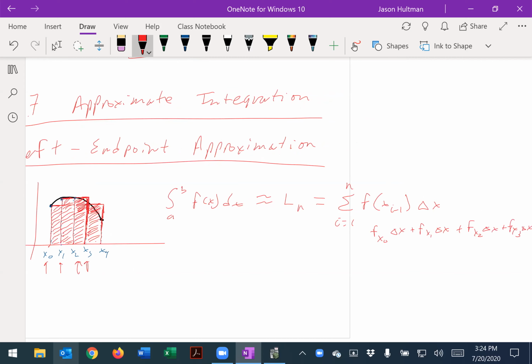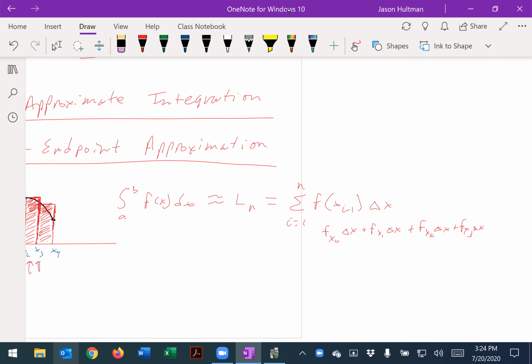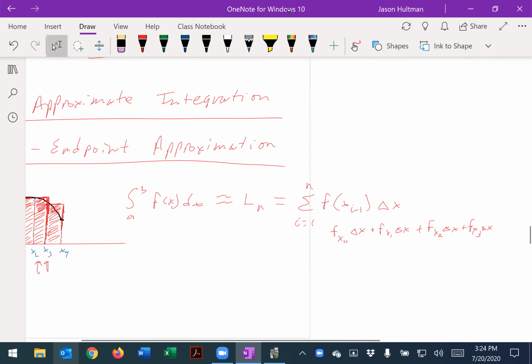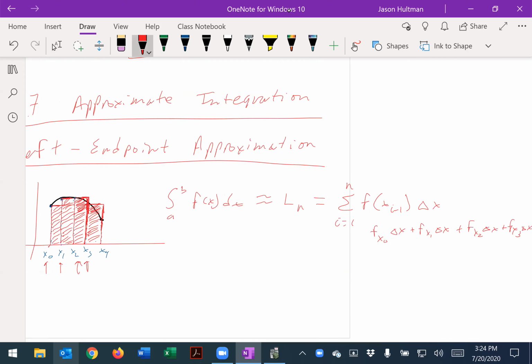Because we go from 1 to 4, since we only had four rectangles, we subtract off 1 to get our index, so it goes 0, 1, 2, 3. That's the function evaluated at these points. Maybe I'll make my points bigger. These are all left endpoints.